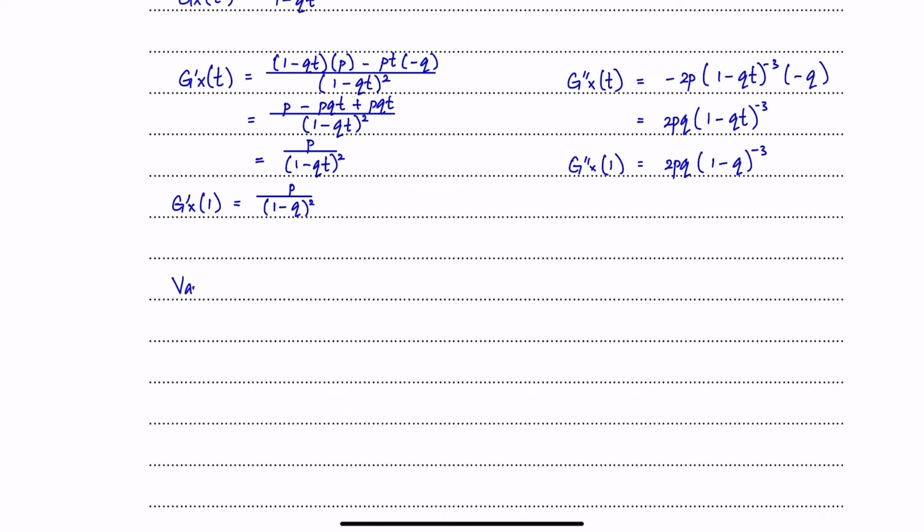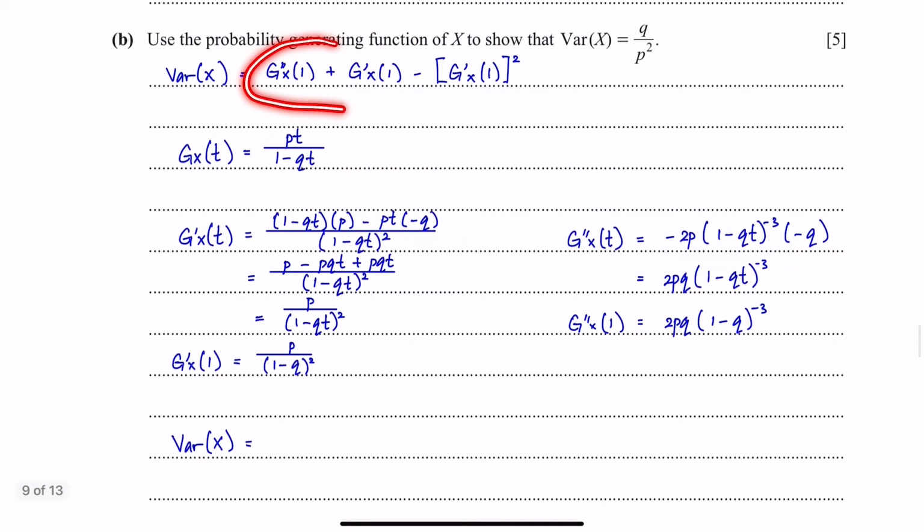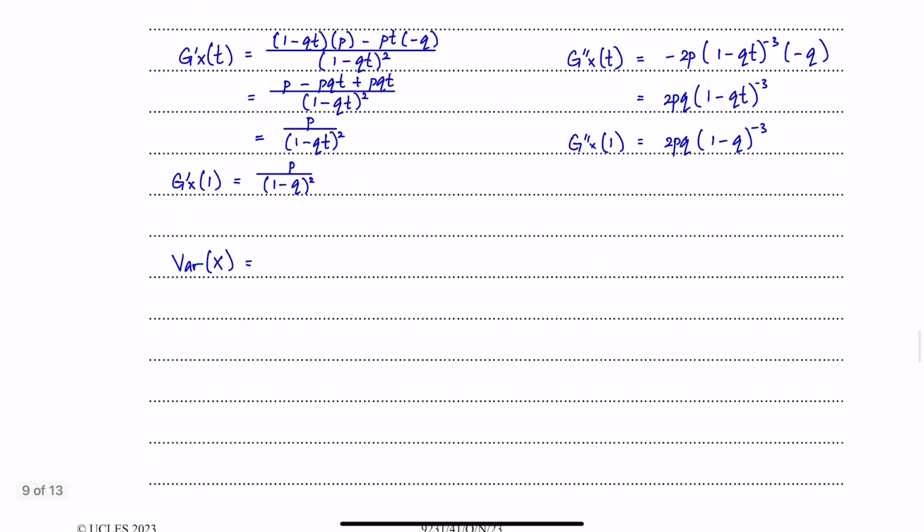Okay, for the variance, it would be G prime prime 1 plus G prime 1 minus the square of G prime 1, which is 2pq times (1 minus q) to the power of negative 3 plus p over (1 minus q) squared minus the square of p over (1 minus q) squared.